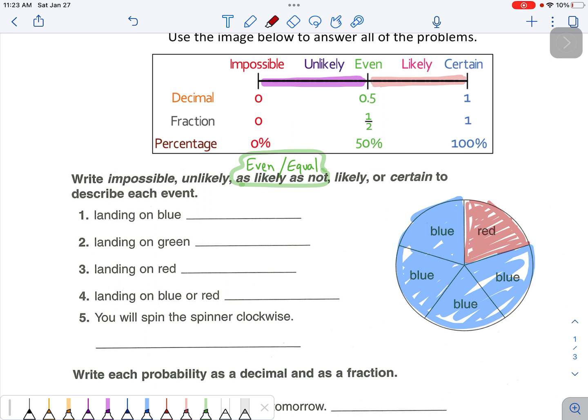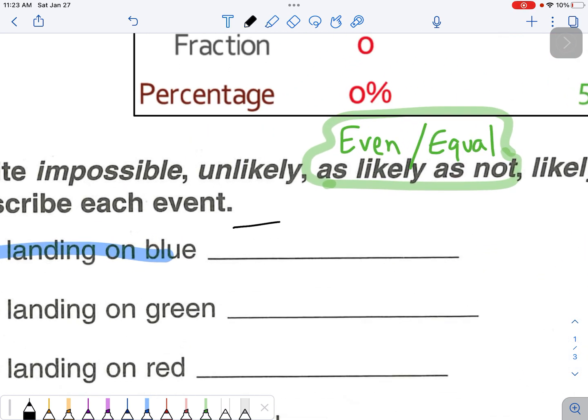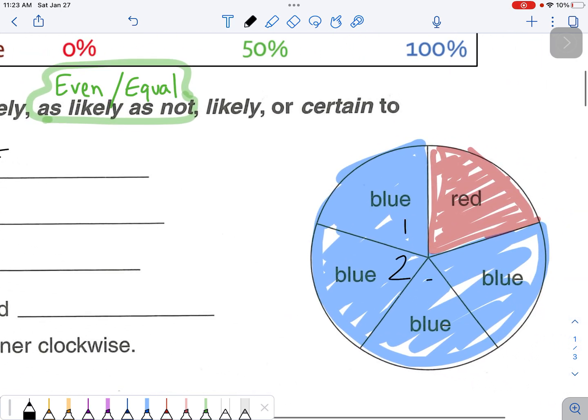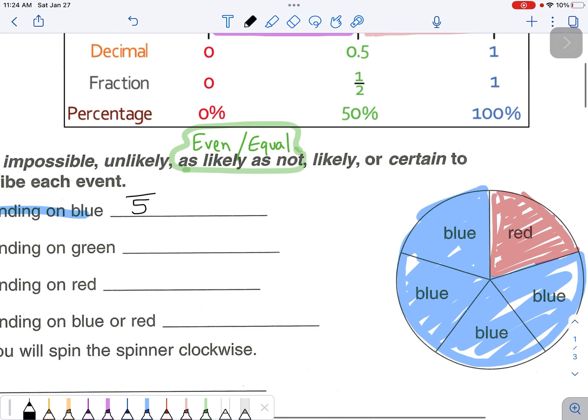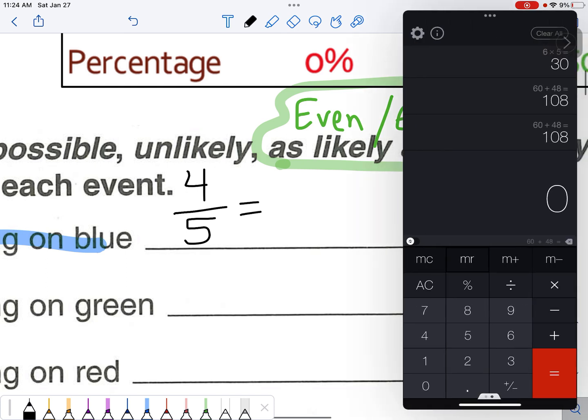So the very first one says landing on blue. Well, I notice that there are 1, 2, 3, 4, 5 sectors or sections. And how many of them are blue? There's 1, 2, 3, 4. Get rid of those so they don't get in the way for the next one. So I write 4 out of 5 equals, I can put that in my calculator. 4 divided by 5 gives me the decimal 0.8.